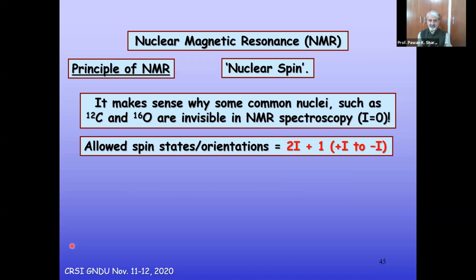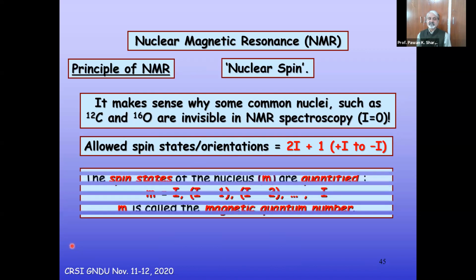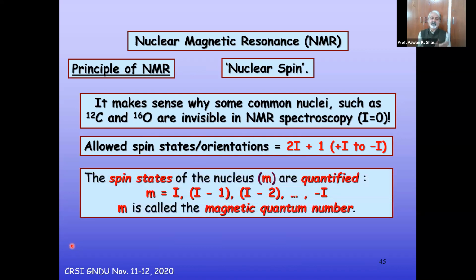Depending upon I, any nucleus would have allowed spin states or orientations, given by 2I plus 1. And these spin states are quantized. That means they will go from minus I to plus I or plus I to minus I.